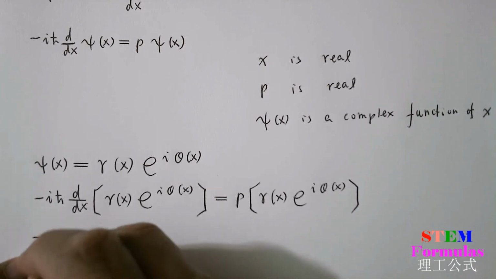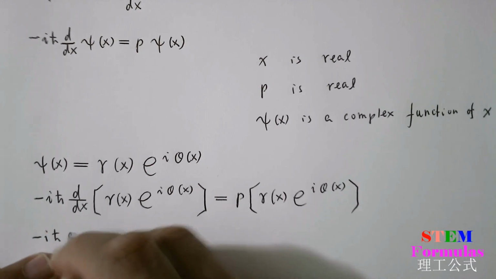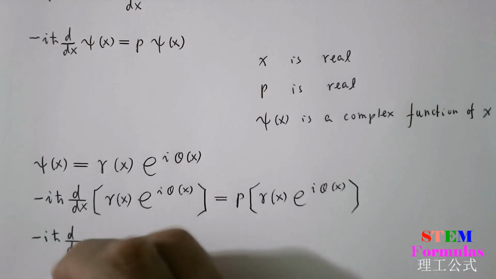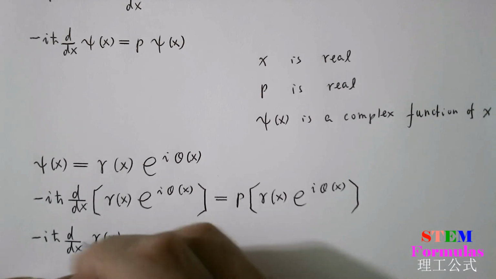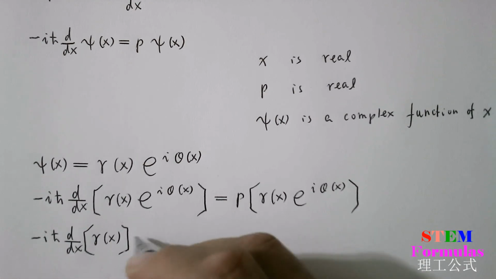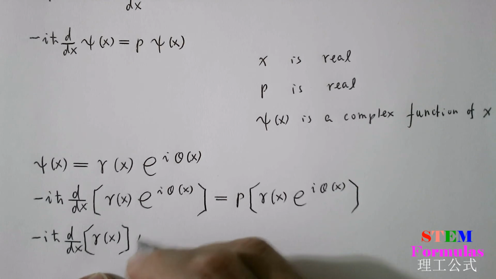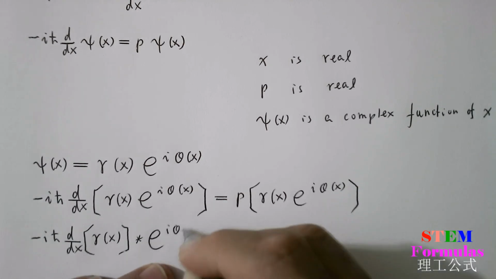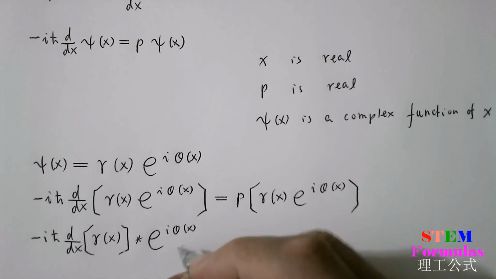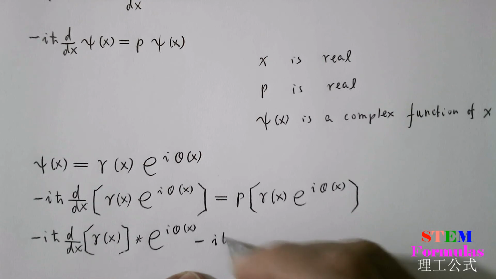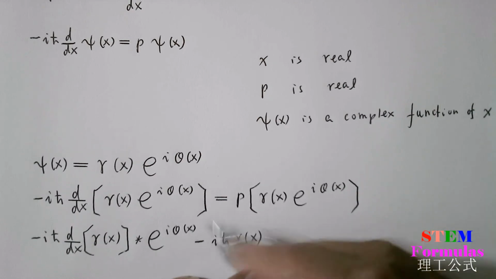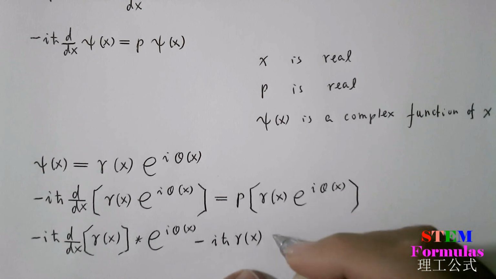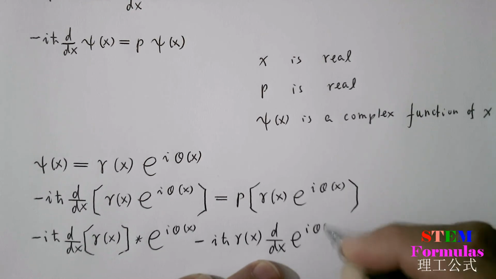We have minus i h bar d/dx of r of x times e to the i theta of x, plus minus i h bar, where the first term remains the same and the derivative is put on the second term, d/dx e to the i theta of x.